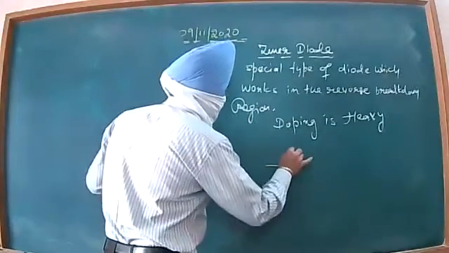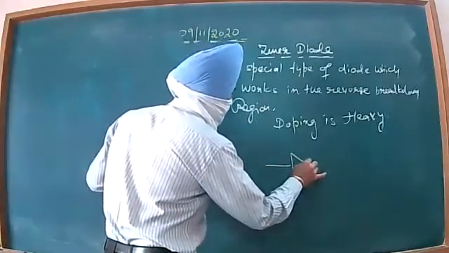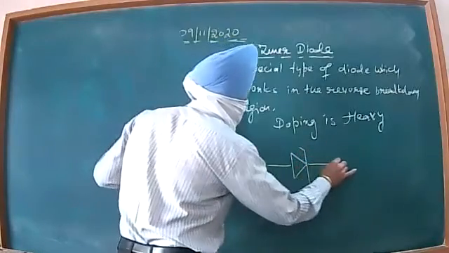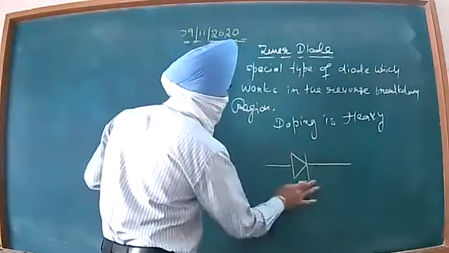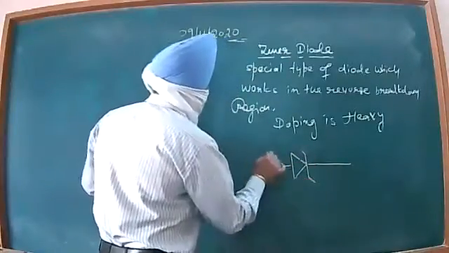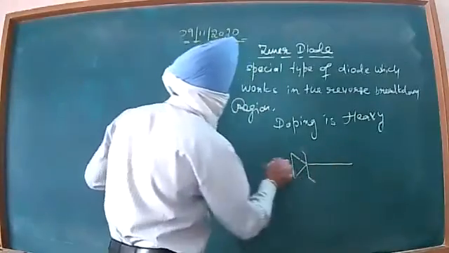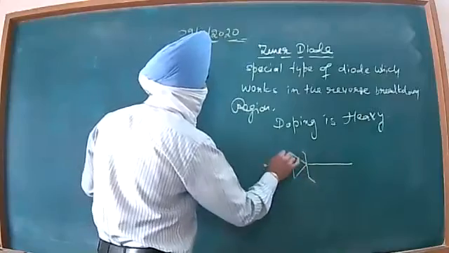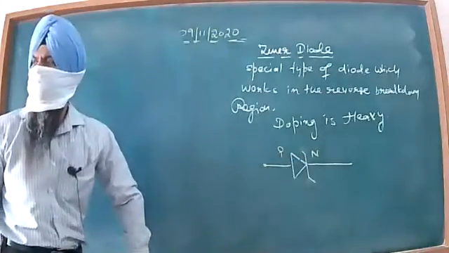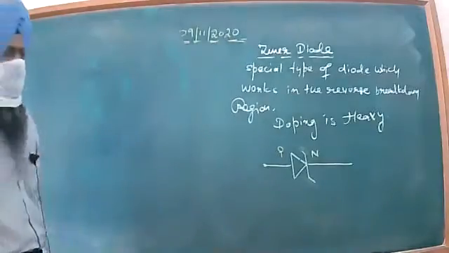And dear children, third point is that here we have this type of symbol. Let me draw this symbol. This is your Zener diode with this part as P, this part as N type of region indicated.